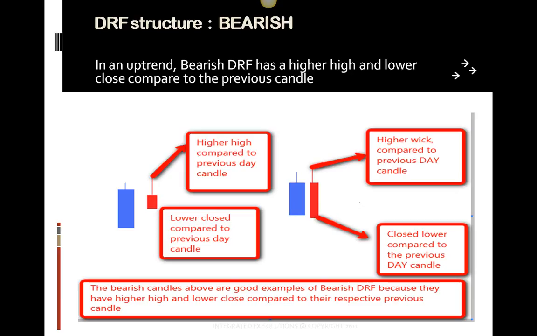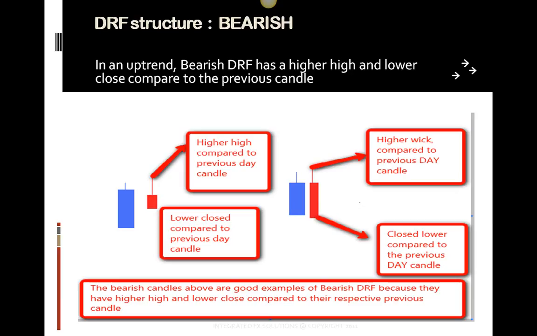Looking at the second example, we have two decision candlesticks, bullish and bearish, but the bearish has a high higher than the previous candle, and it closed lower than its close, giving what we call a bearish engulfing.